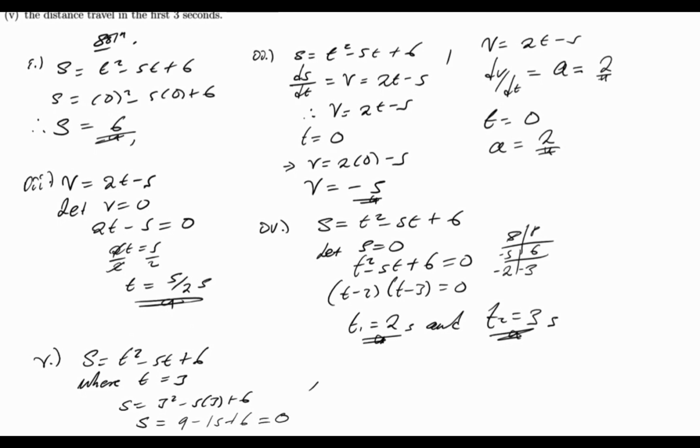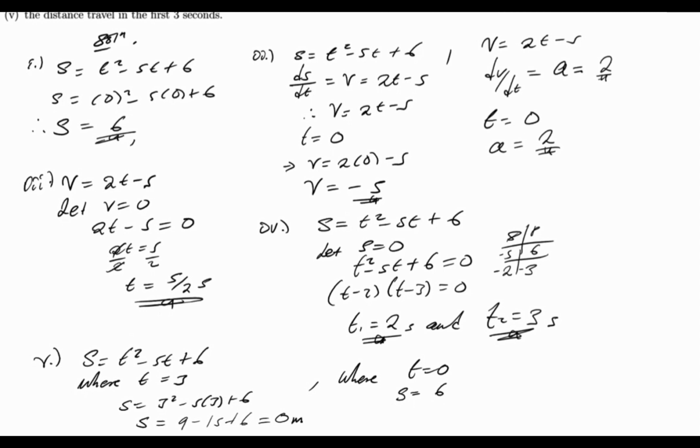Then again, if you take it where the time is equal to 0, then the position will be 6. So if we substitute t into the equation for s, it gives us a displacement after 3 seconds, which is 0 meters in this case.